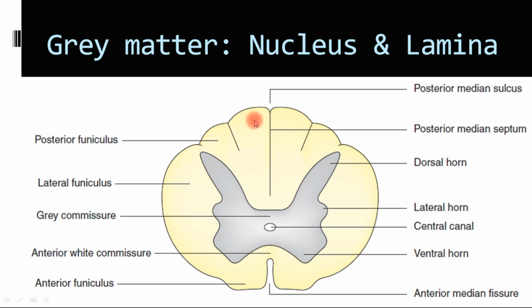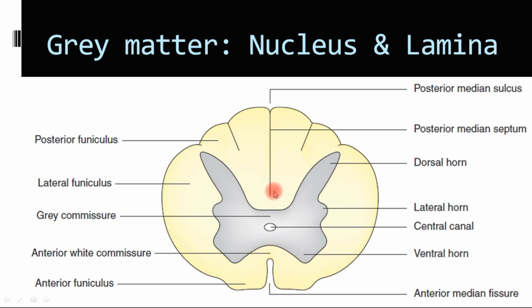Now this white matter itself can be divided into funiculi. This is the posterior aspect of the spinal cord, and this is the anterior aspect.